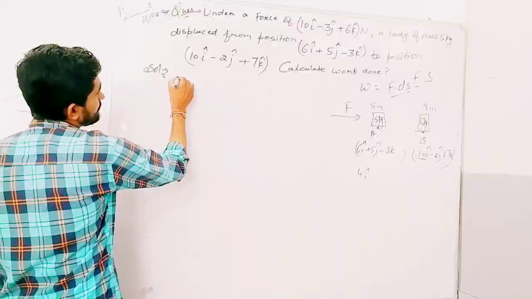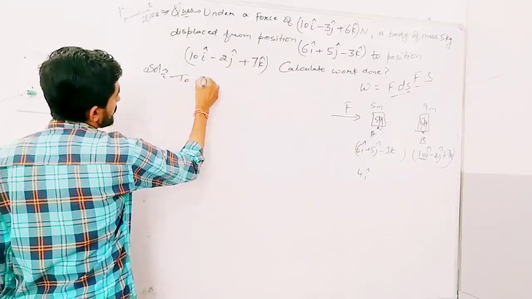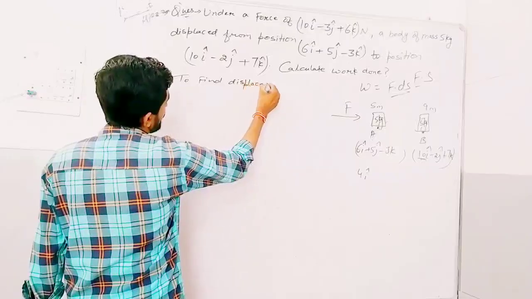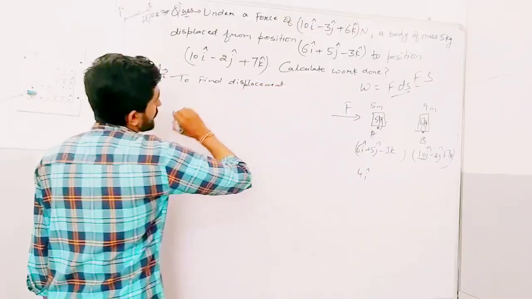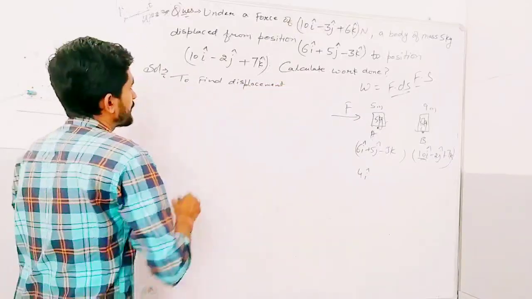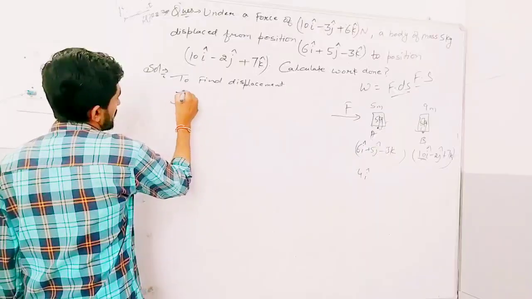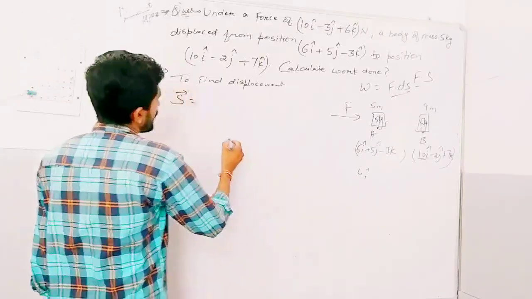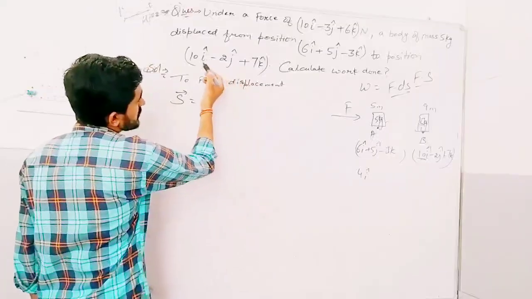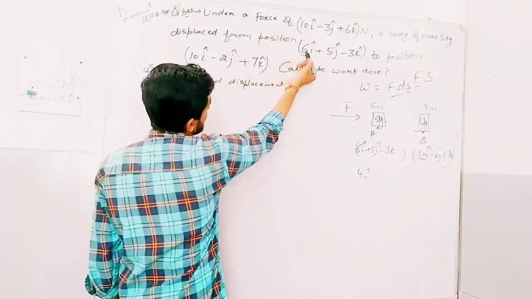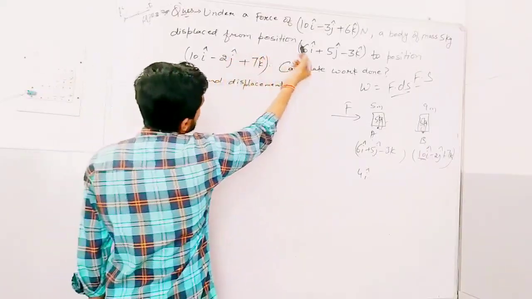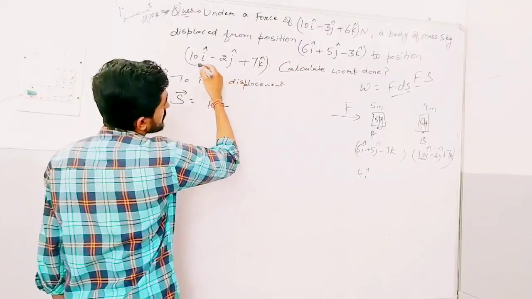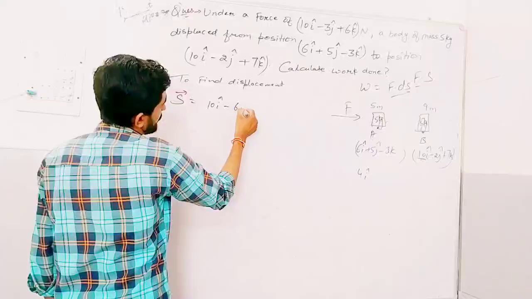To find the displacement S, this is the final position and this is the initial position. For i cap: 10 i cap minus 6 i cap.